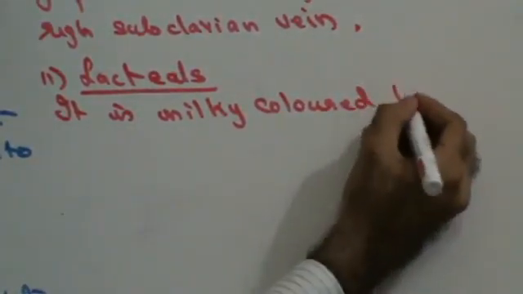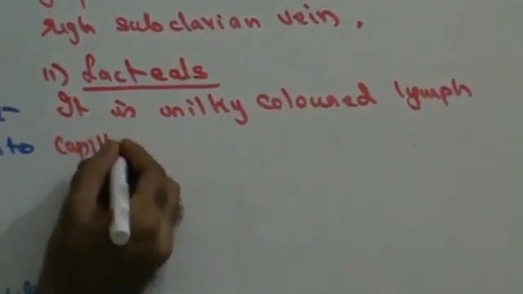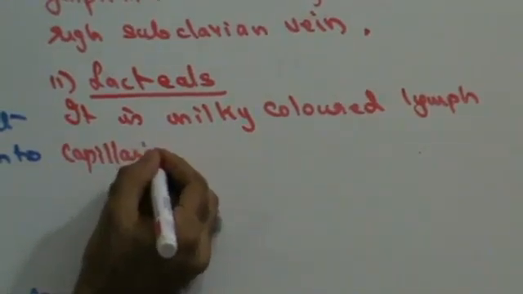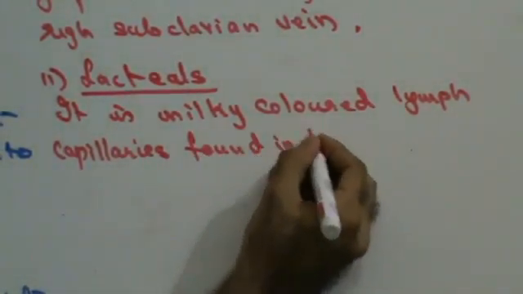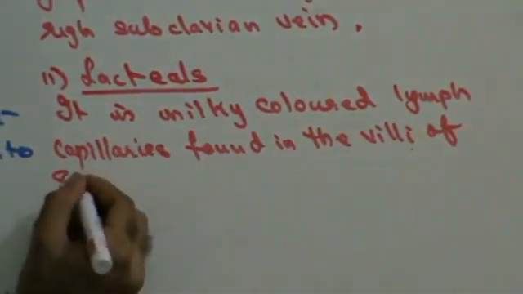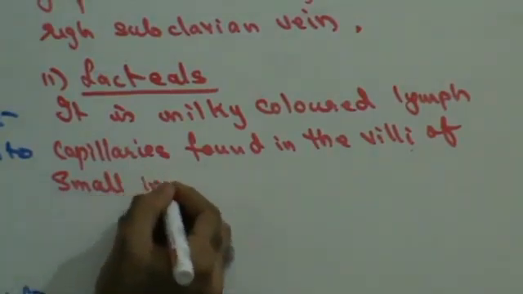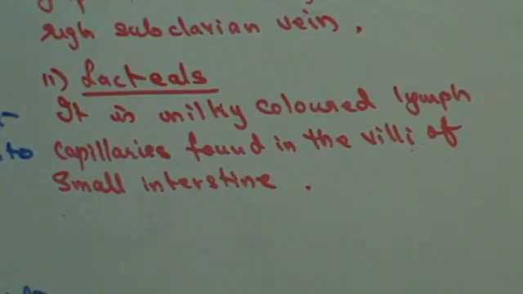Milky colored because they contain the dissolved fat molecules, right? They have a milky appearance because of the absorbed fats, right?